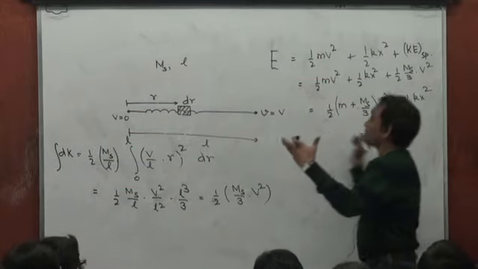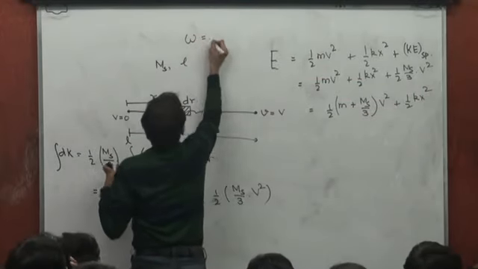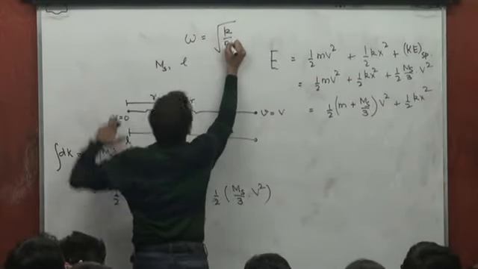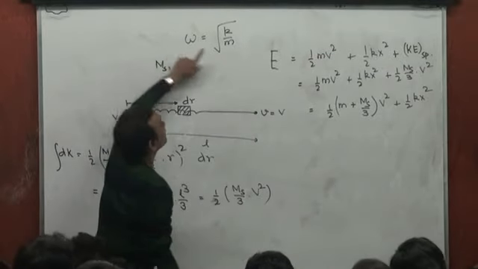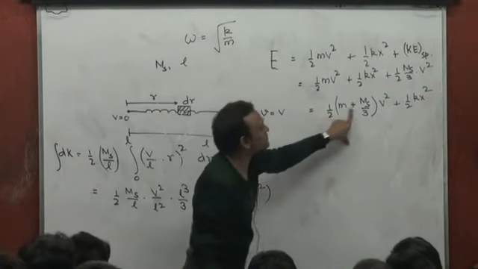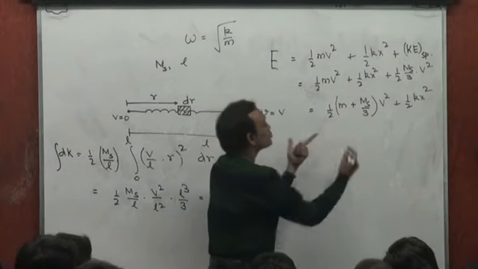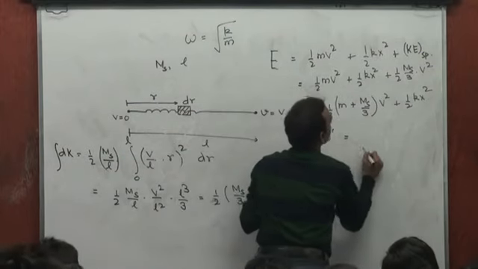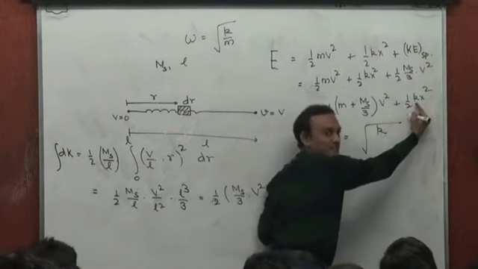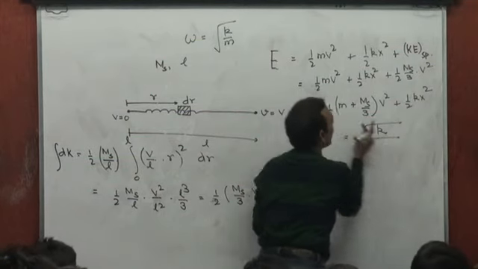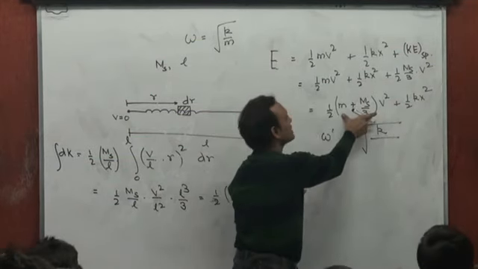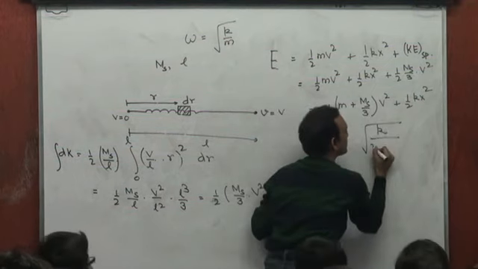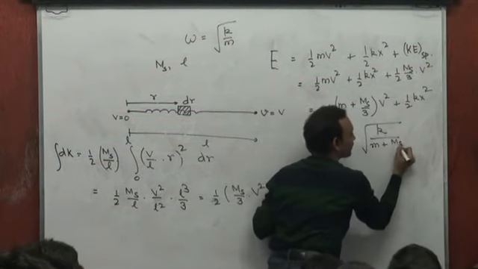For the earlier equation, what was the omega? Omega was root k divided by small m when the mass of the spring was negligible. Now instead of small m you have small m plus ms by 3. So the revised omega is going to be root k, the k remains the same though, right? Root k divided by, now the effective mass is m plus ms by 3.